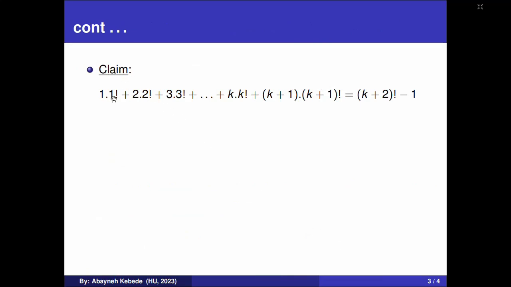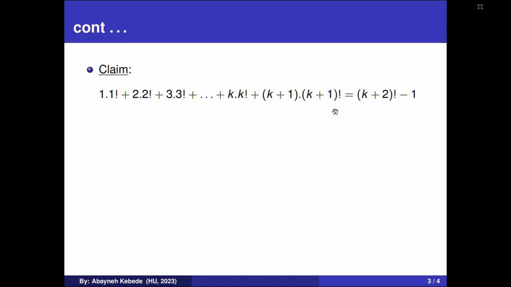So our claim is given in such a way: 1 times 1 factorial plus 2 times 2 factorial plus 3 times 3 factorial plus k times k factorial plus (k plus 1) times (k plus 1) factorial is equal to (k plus 2) factorial minus 1.